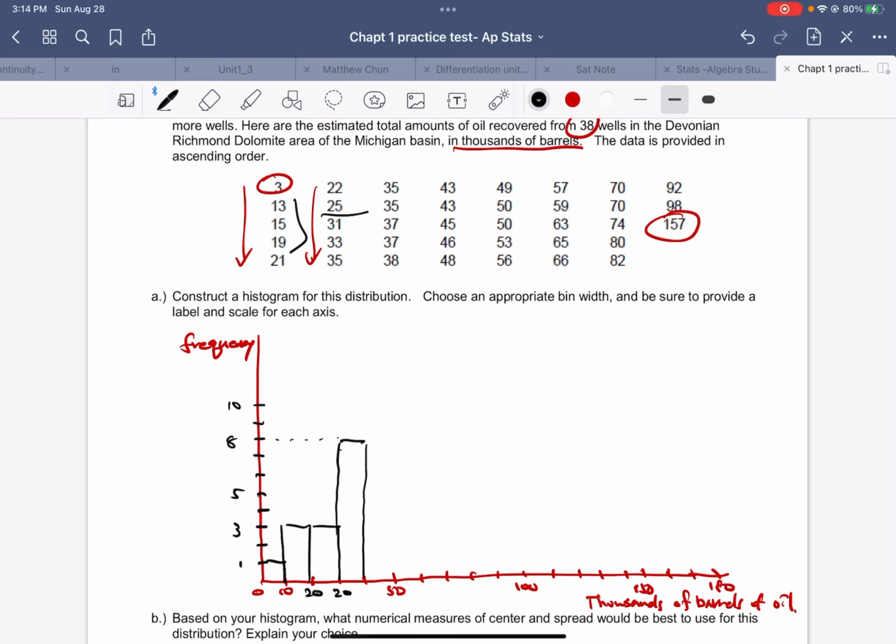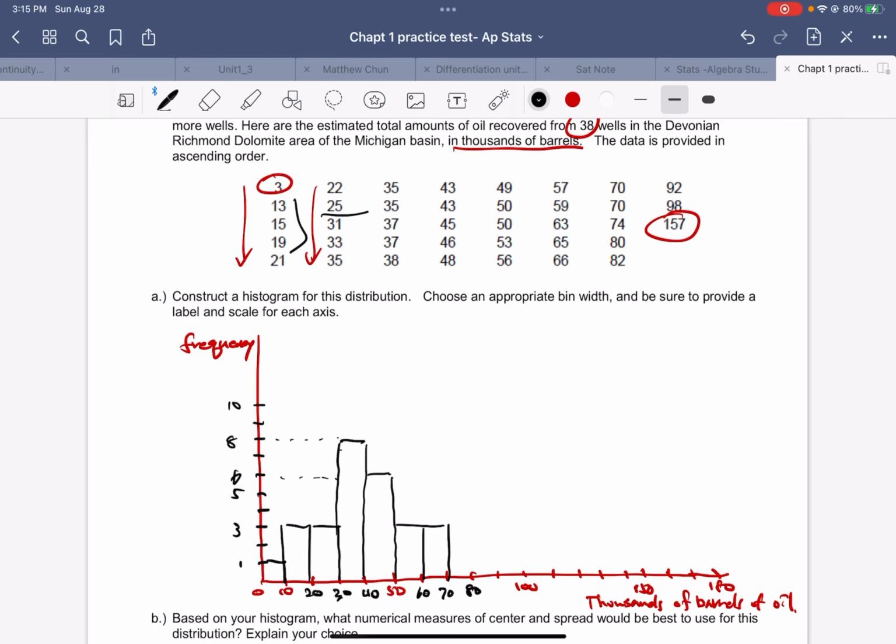That's 30 to 40. 40 to 50, then you get 6. Okay. Now 60, 70, also 3. And the other 3. So 60 and 70 and 80.